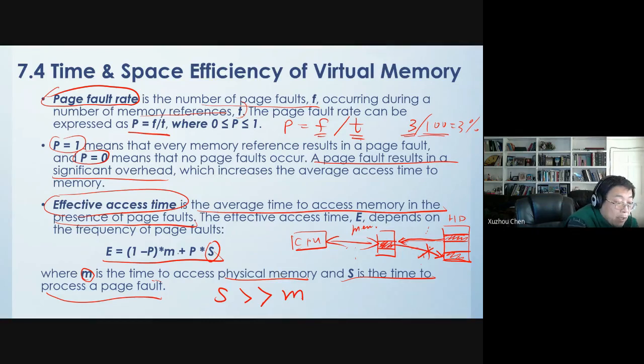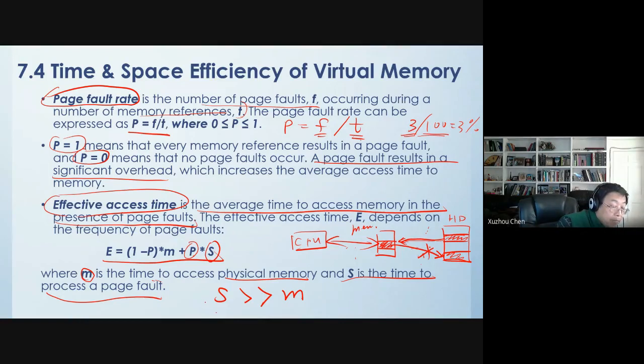So that's why you want to make P as small as possible. Okay. Because M is mostly like 1,000, even 10,000 times faster than the page fault.